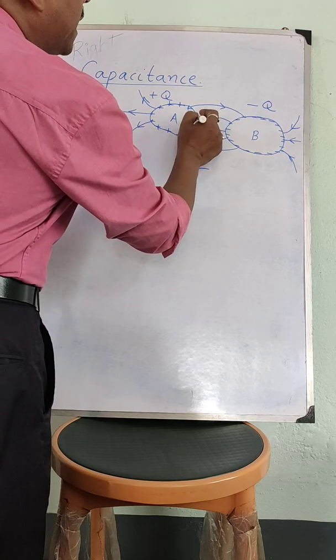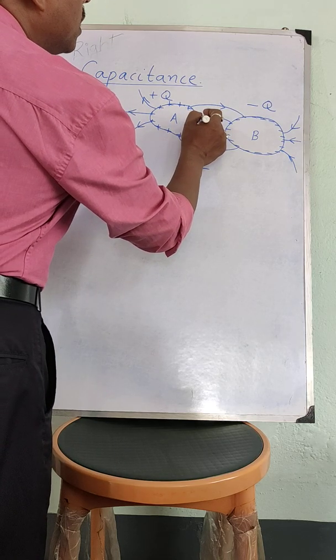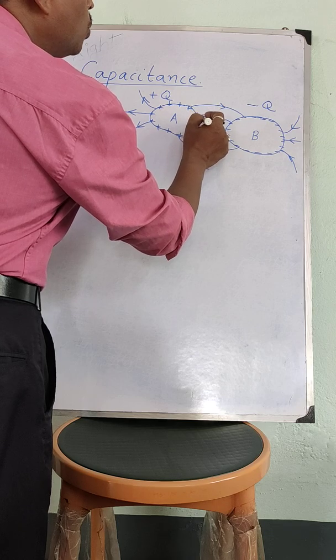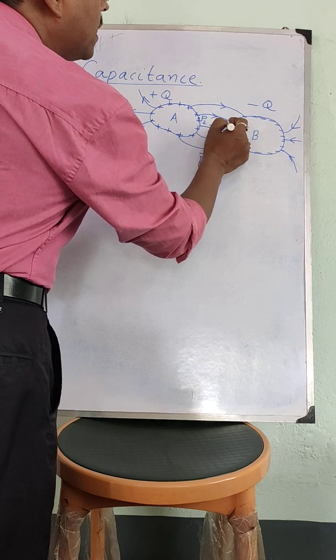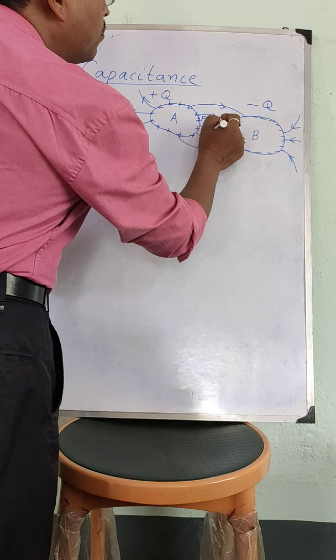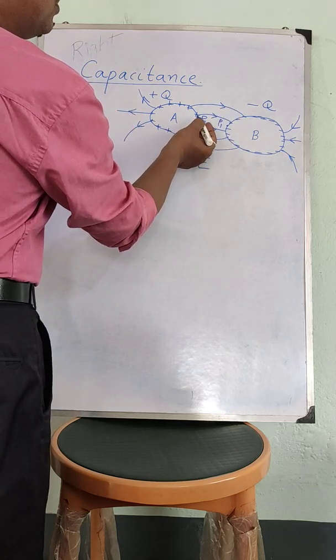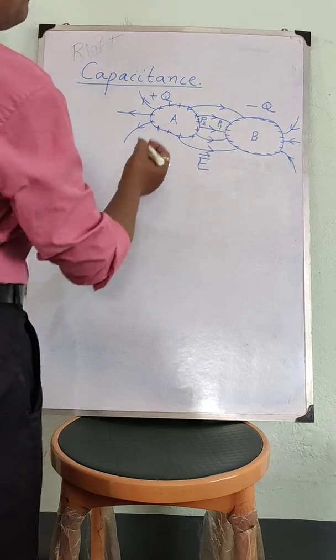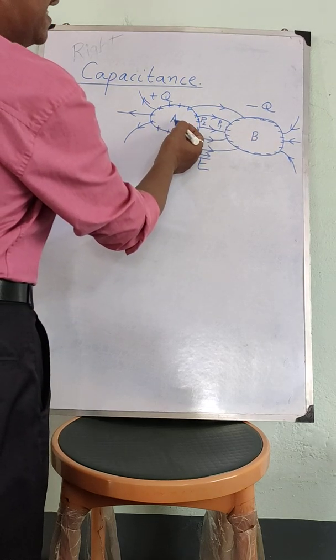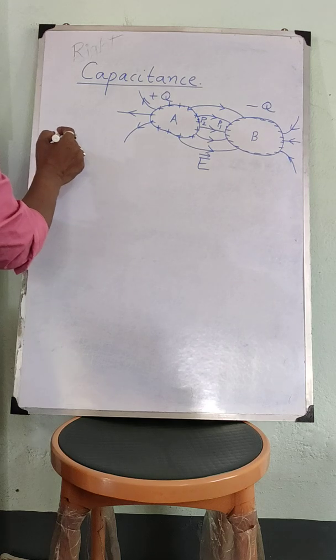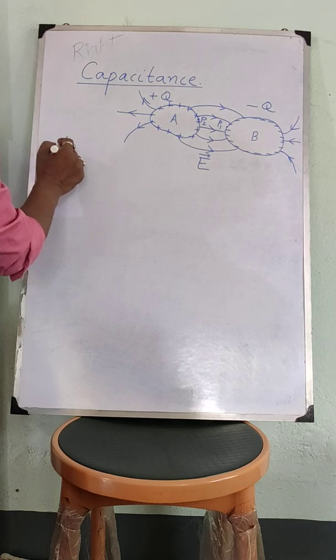So suppose we are taking one point here, P2, and one point here, P1. So the potential difference between P2 and P1 is the potential difference between conductor A and B.